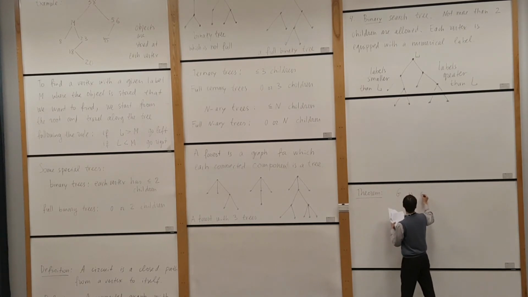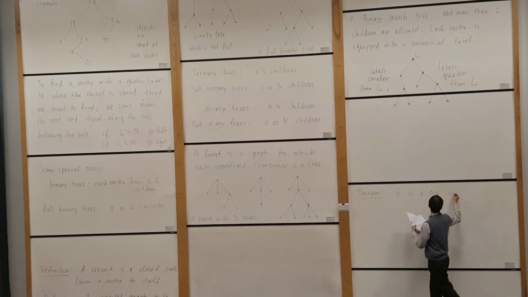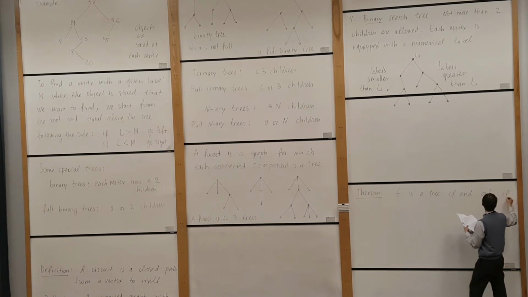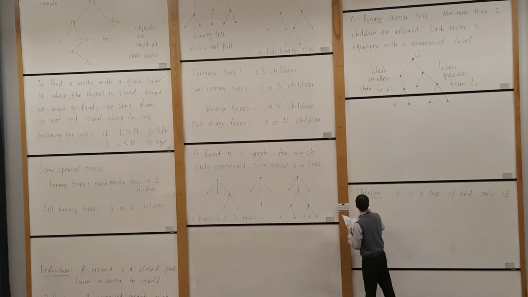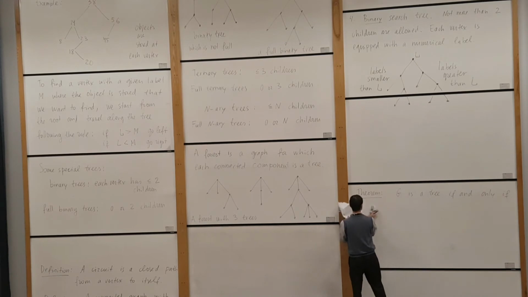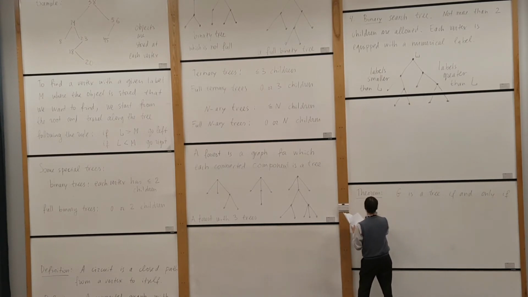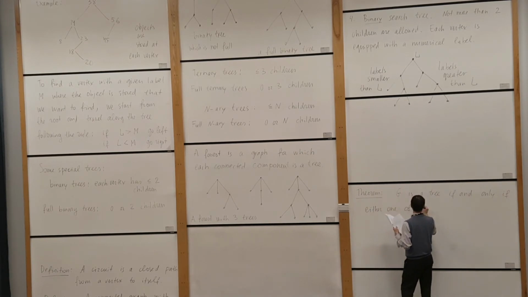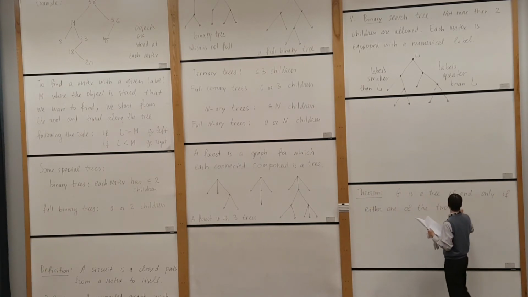G is a tree if and only if either one of the 2 properties holds.